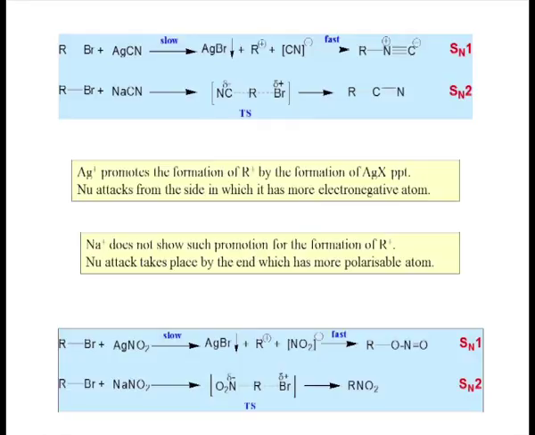So, you get RNC by SN1 mechanism, whereas sodium plus does not show such promotion for the formation of R plus, because compared to silver, sodium plus is very normal, it does not take part in the precipitation that rapidly. So, what it does is a normal SN2 type reaction, that is a transition state where carbon, because in cyanide Na plus CN minus, the negative charge is on carbon now.